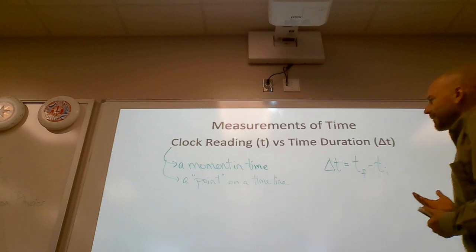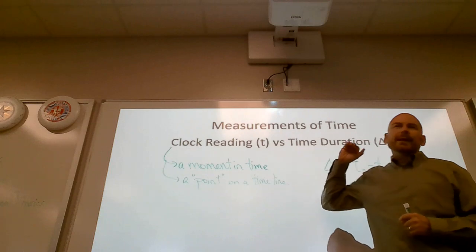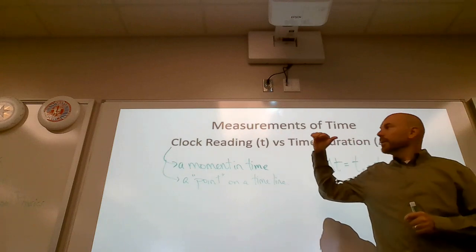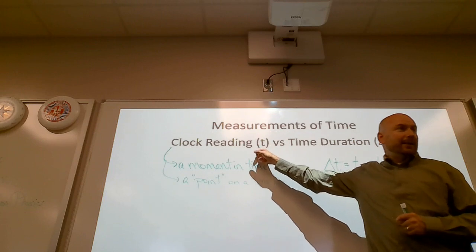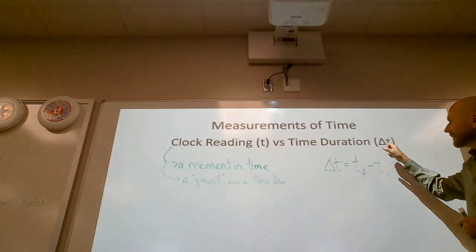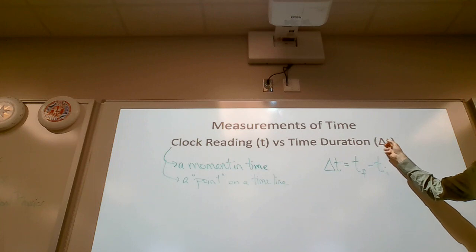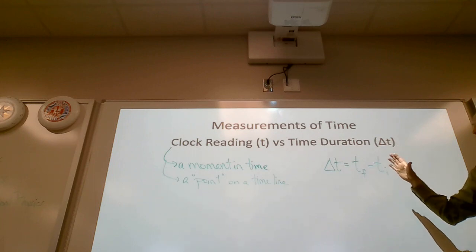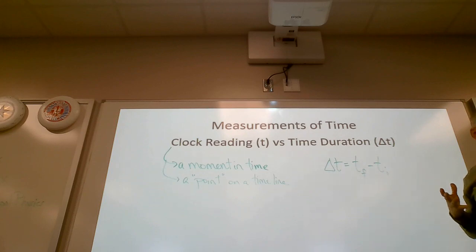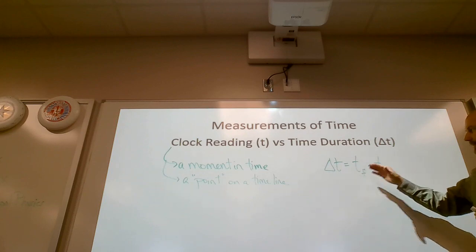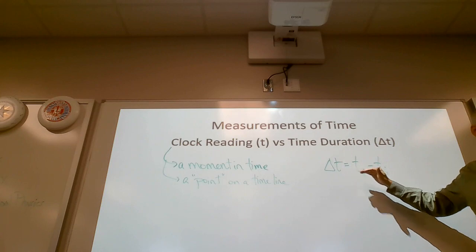The reason I bring this up is because some texts get lazy, in my opinion, and just write t when they meant to write delta t. This is a more robust way to do this.